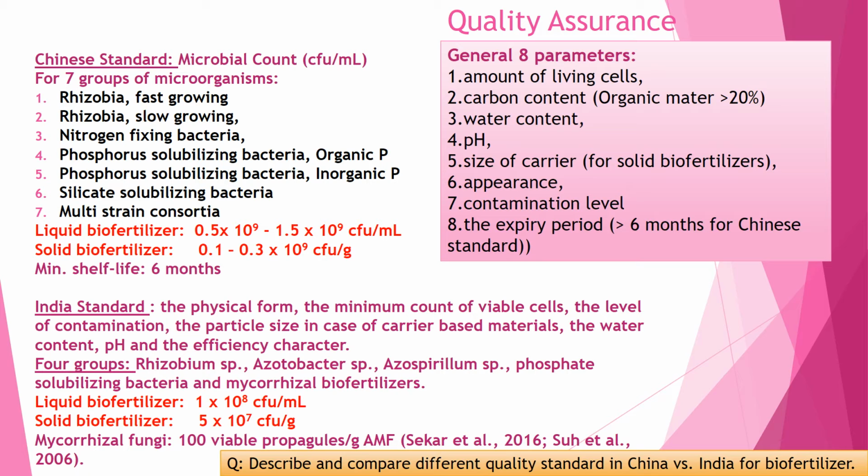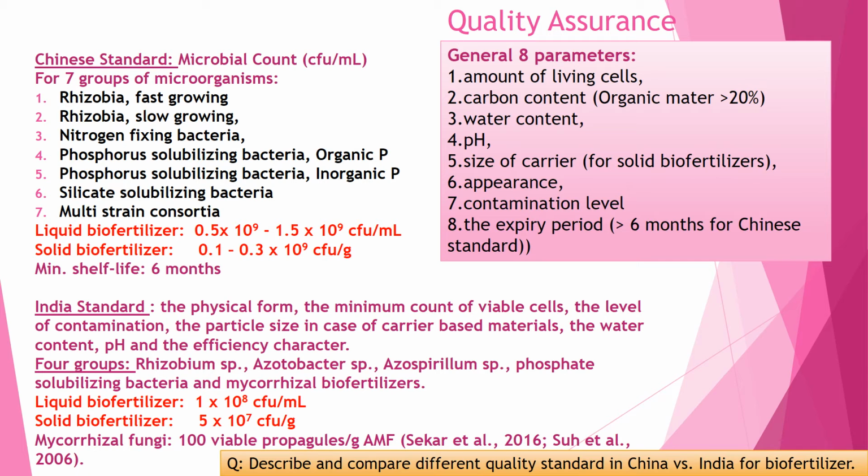Then the pH and the size of the carrier. pH may vary a little depending on the strain of the microbe. For example, if it is Lactobacillus, it may prefer acidic pH, but most microbes do well at around 6.5 to 8 pH. The size of the carrier is controlled; you cannot have it too big, because the absorption surface is not optimum.